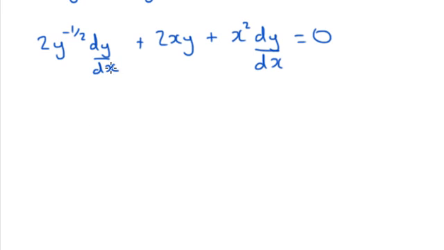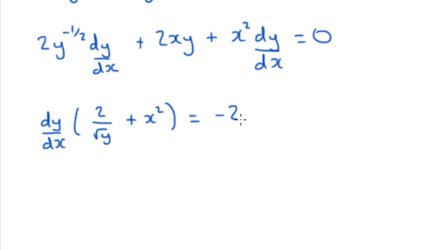We're going to need to make dy by dx the subject. So I'm going to factorise dy by dx out of the 2 terms that contain it. So I'm going to write this one as 2 over root y, and we've got a plus x squared from this term as well. At the same time, I'm going to move that 2xy to the other side.